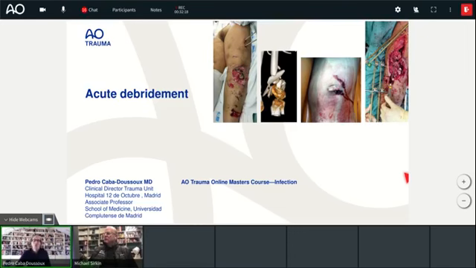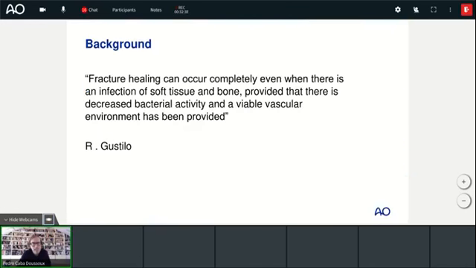Thanks, Michael. Hello, all. Okay, so once we diagnose the infection after a fracture fixation, how and when do we have to do the debridement? Remember, I think this is a very good statement, that fracture healing can occur completely even when there is an infection of soft tissue and bone.